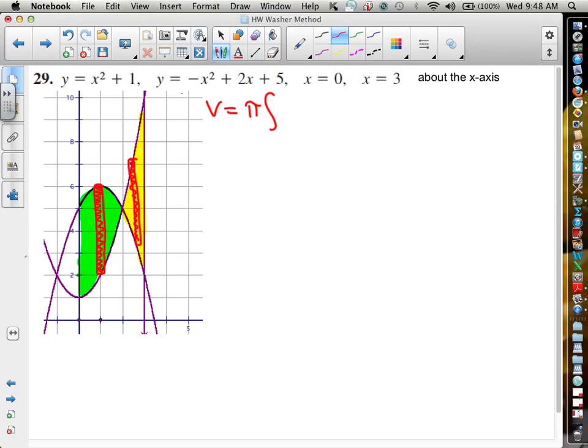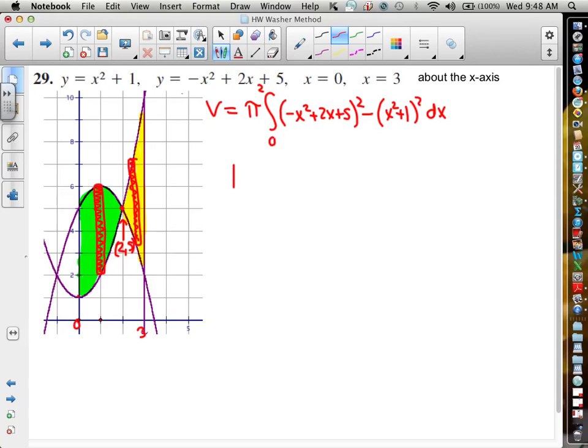So for my green part, this point of intersection here is at 2, 5. This is 0, and this is 3. So I'm going to integrate from 0 to 2. The green part, my big radius, would be the top of the rectangle, which touches the negative x squared plus 2x plus 5 squared, minus the bottom rectangle touches the parabola that opens upward, the x squared plus 1.